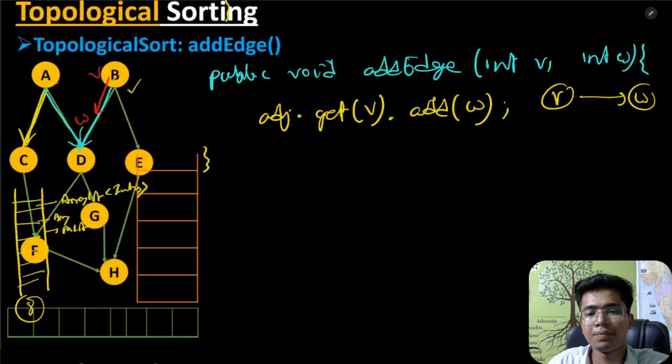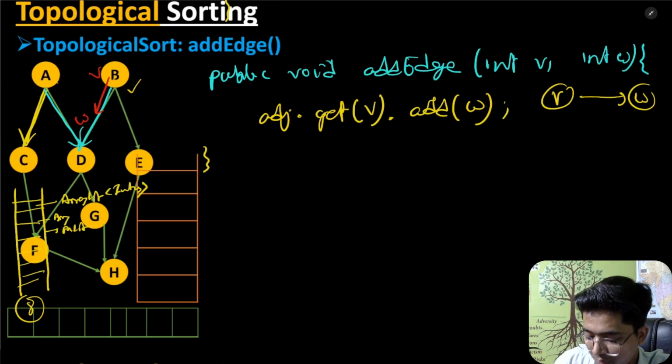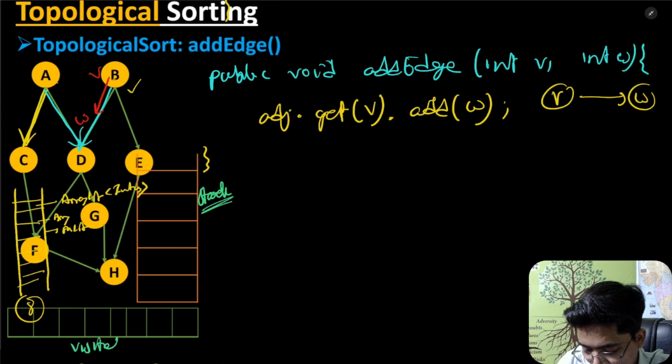For that, first we'll be writing the topological sort function, and while we write it, we'll be using a stack. In the topological sort function internally, we'll be using this stack, and we'll be using a visited set.